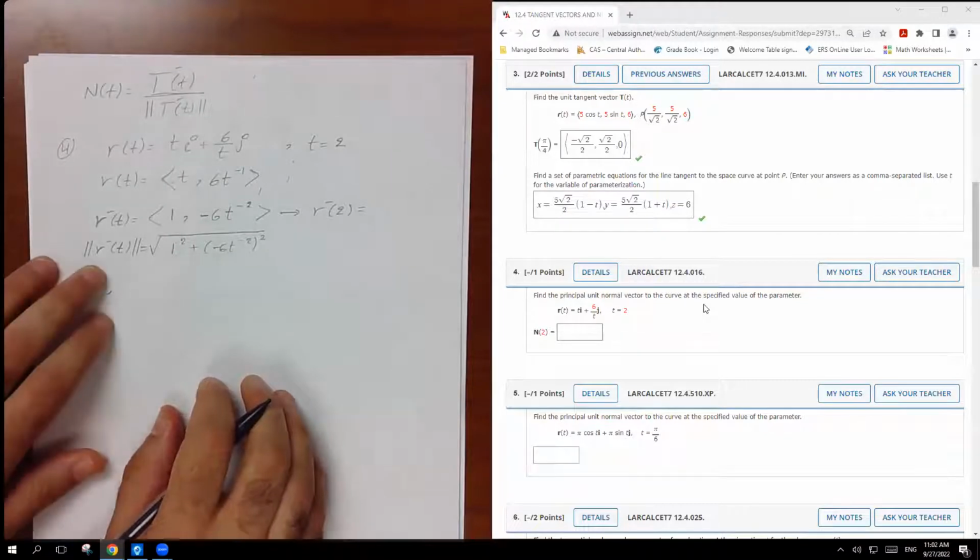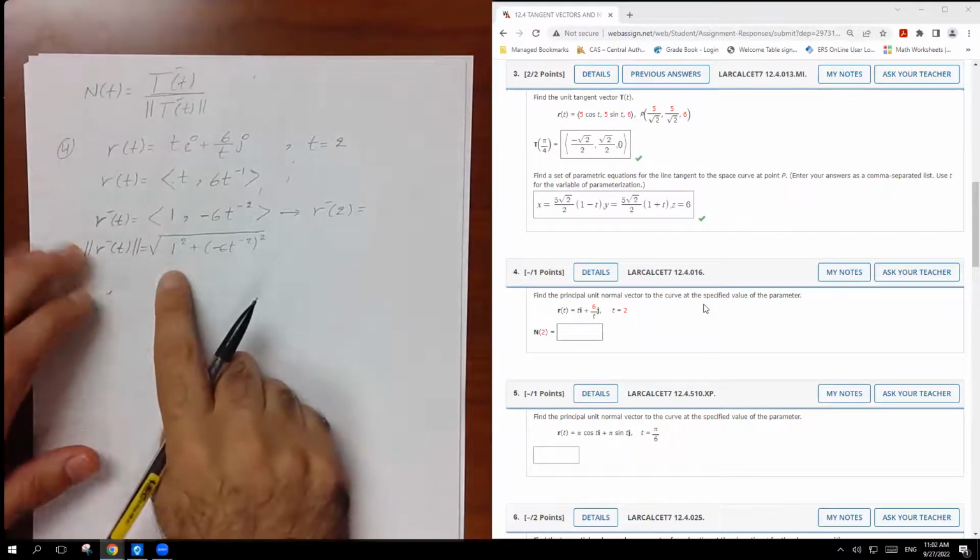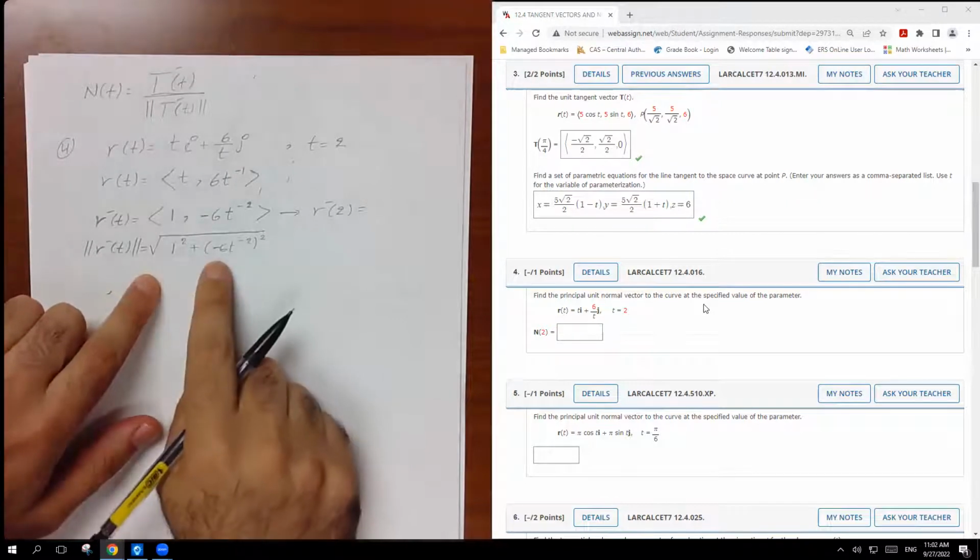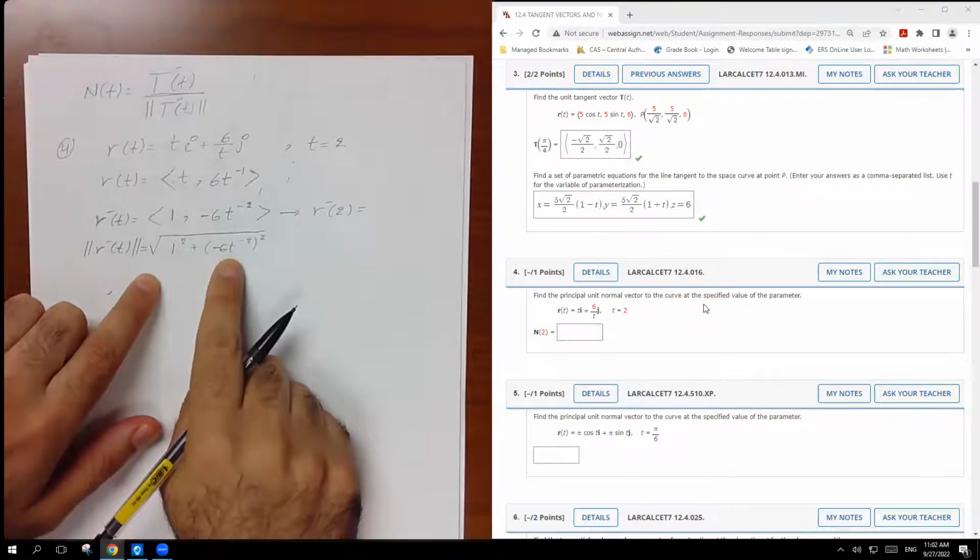Let's square this: this is 1, and this one is 36 t to the power negative 4.